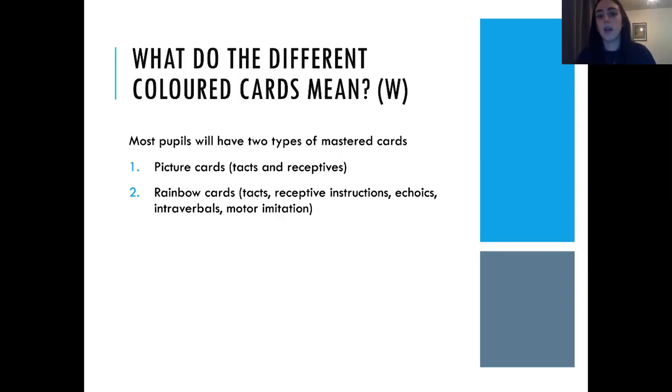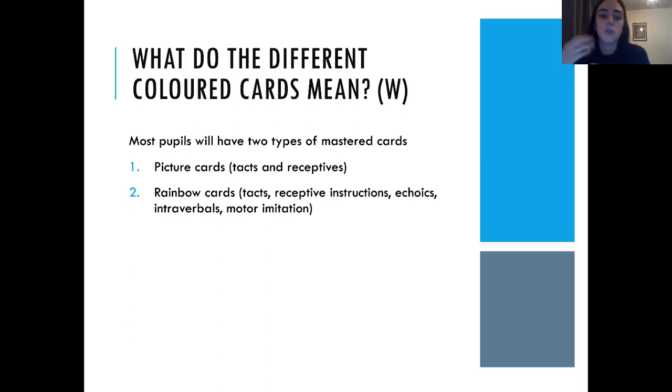They also might have a card which represents what we call receptive instructions. So that might be something like, can you stand up? Or can you show me jumping? So they're following an instruction, and again, it's an instruction that's not related to a picture. Within the rainbow cards, they might also have some echoic skills that they've mastered. So for example, say flower, and the pupil says flower.